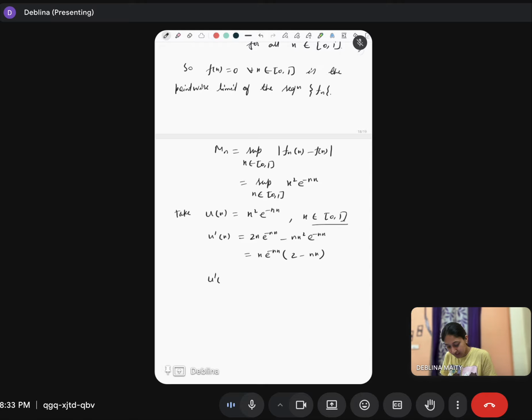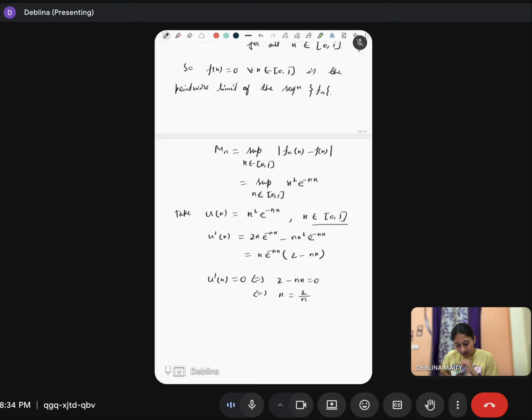So now if we take u dash x to be 0, then since x is arbitrary, x is varying, this means 2 minus nx is 0, right? So this means x is 2 by n.